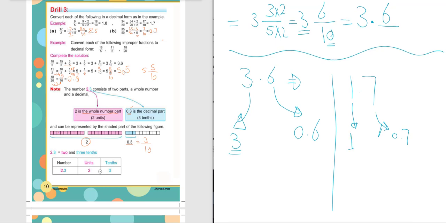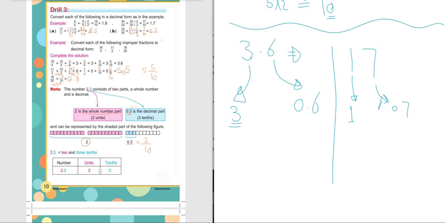And there is an example where we have 8.5. This is 0.5, and this 8 is a whole number, and so on. This is in units, and this is in tenths. So the first decimal place is called tenths.